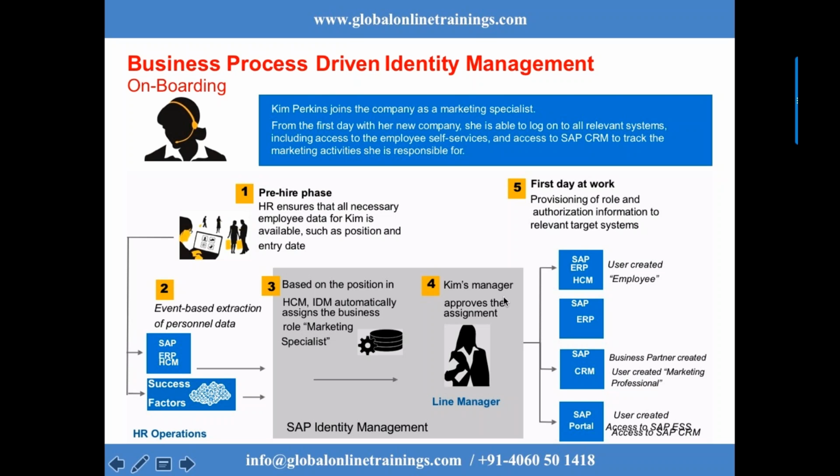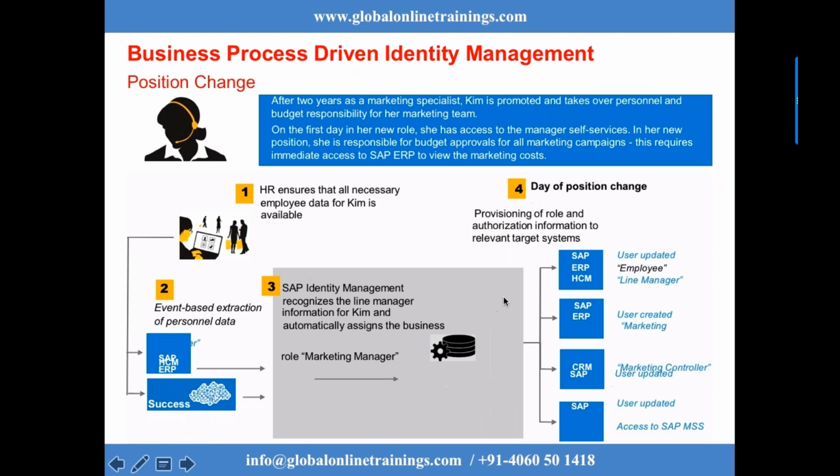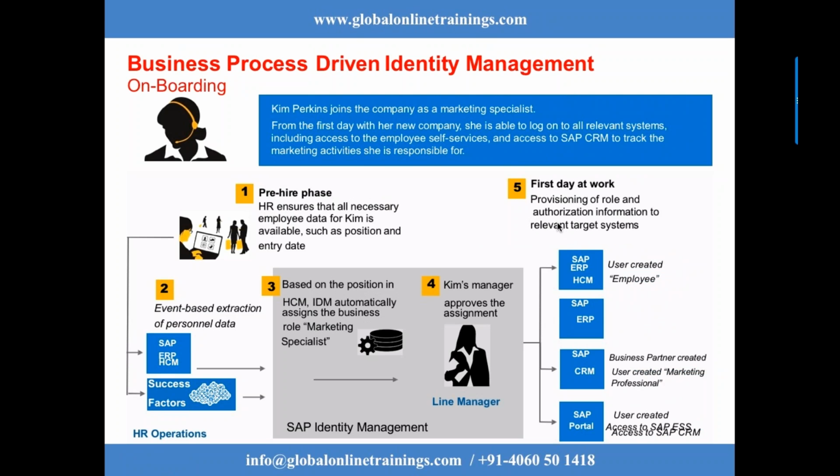So once Kim's manager approves, all the access is automated. All the access is provisioned to the underlying systems. So the employee is created in HCM, ECC, CRM, portal, so they have access to all the relevant systems. Now, you probably know SAP portal is getting decommissioned, or is at the end of its life, and everything is moving to Fiori and the new platforms.